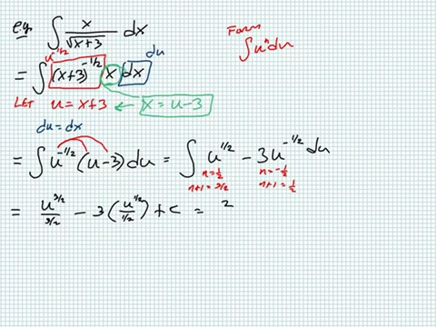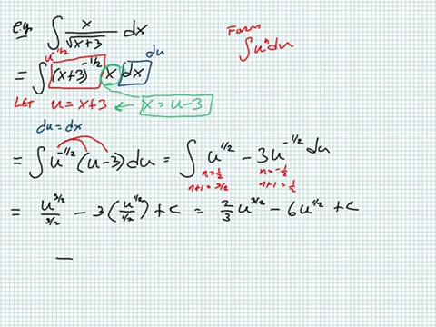So this is equal to 2/3 u to the 3/2 power minus 3 times 2, so that's minus 6. Because over here I had this 1/2 and this 2 goes up and is multiplied by 3. Okay, so then I've got 6 times u to the 1/2 plus c.